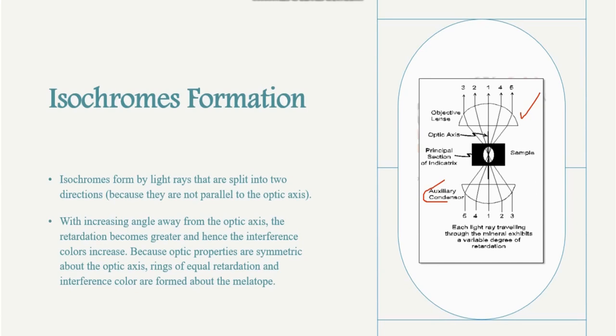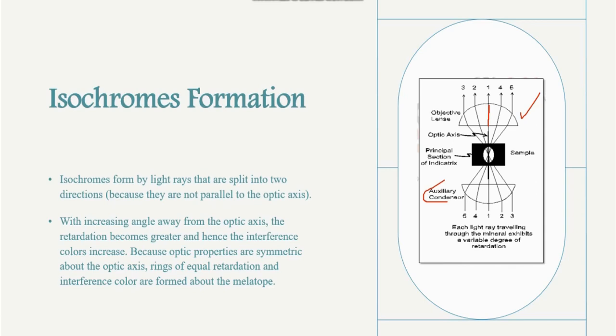But now, as you can see here, this light here is ray path 1. What we notice about ray path 1 is the fact that this path is parallel to the optic axis. If this path is parallel to the optic axis, then the light does not split.